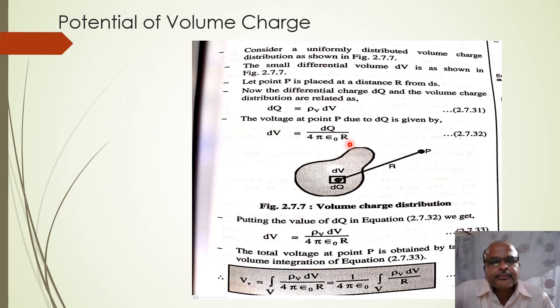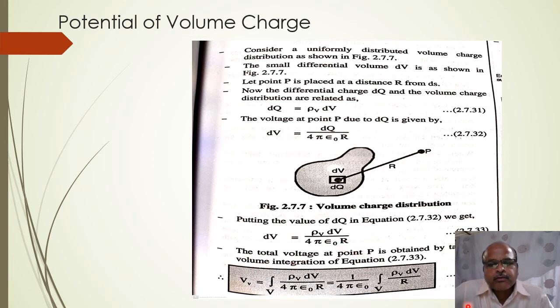Okay, so this is the differential equation. Putting the value of dq, dq is rho v dv, so dV is equal to rho v dv upon 4 pi epsilon 0 r.